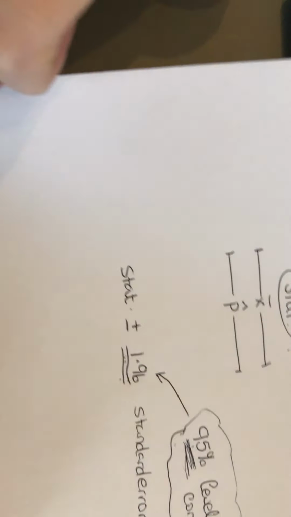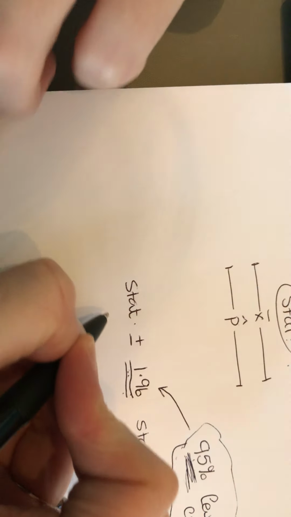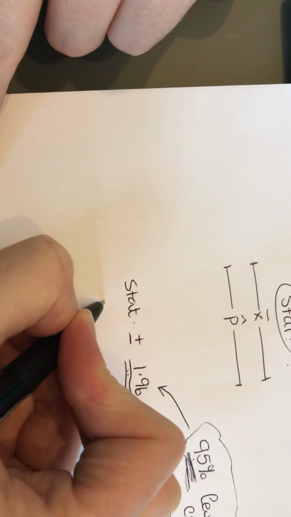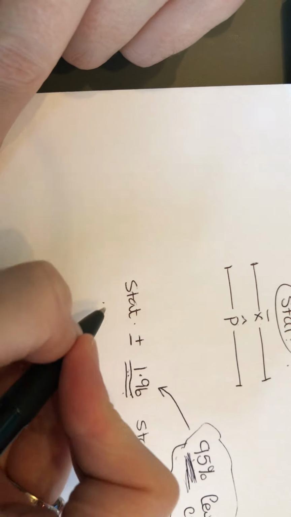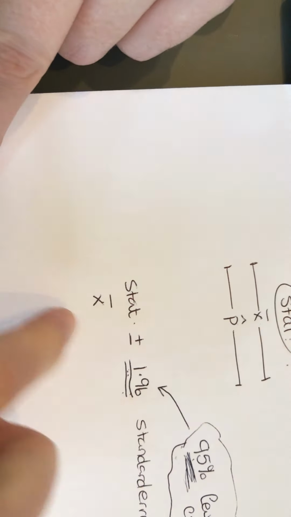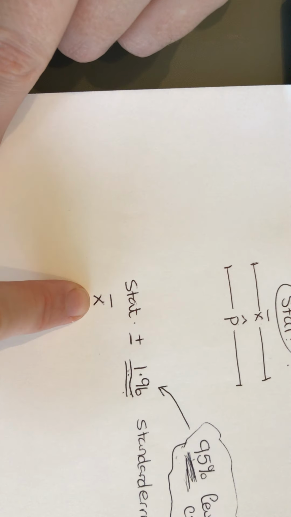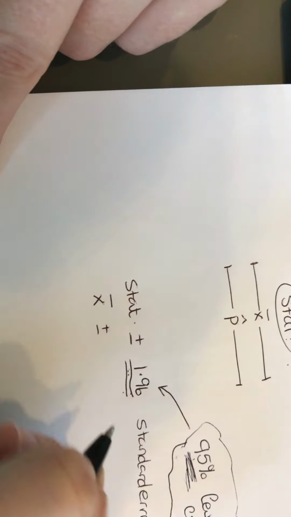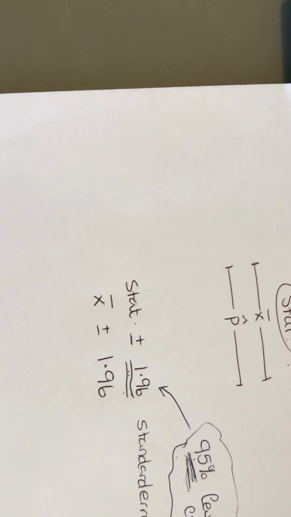So you're going to get your statistic. So you survey a sample. Maybe you ask them a question that's going to generate numerical data. So the statistic you're going to get is going to be the mean of the sample plus or minus 1.96 times your standard error. Well, again, this is in your log tables.